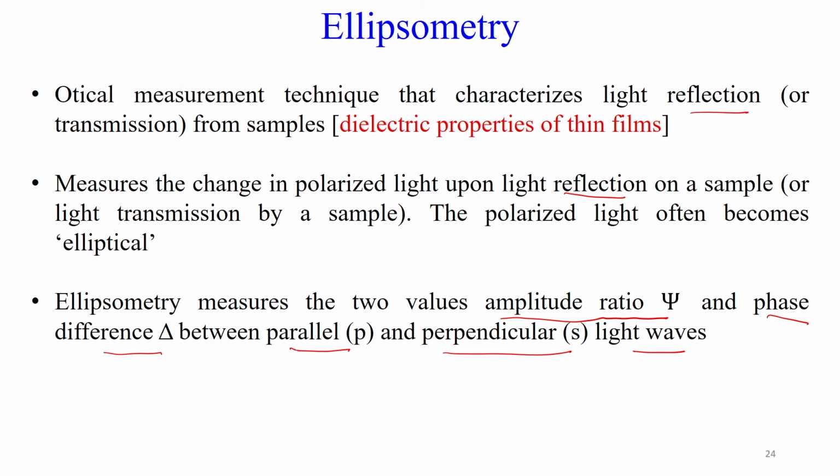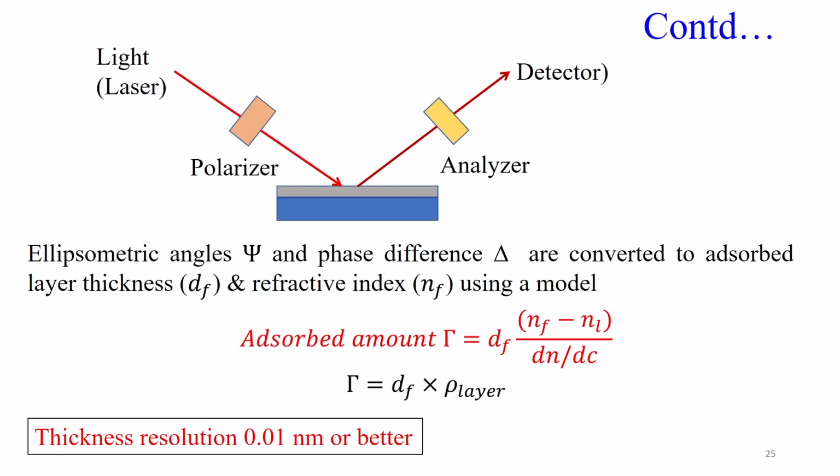Then from these values, the amplitude ratio and the phase difference, we convert to the layer thickness and the refractive index. If you know the layer thickness and the refractive index, we calculate the adsorbed amount by the layer thickness times the refractive index of the film minus the refractive index of the liquid, divided by how the refractive index changes with the concentration.